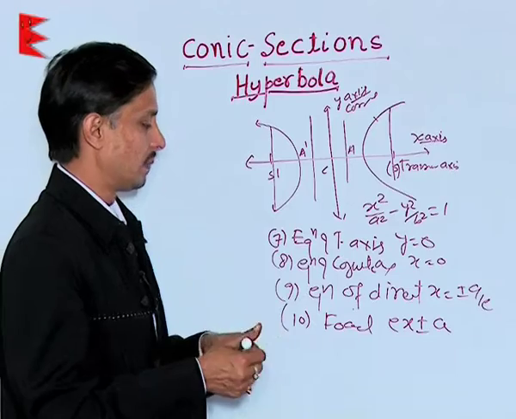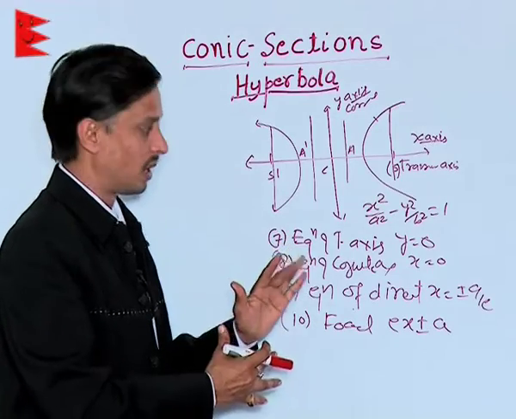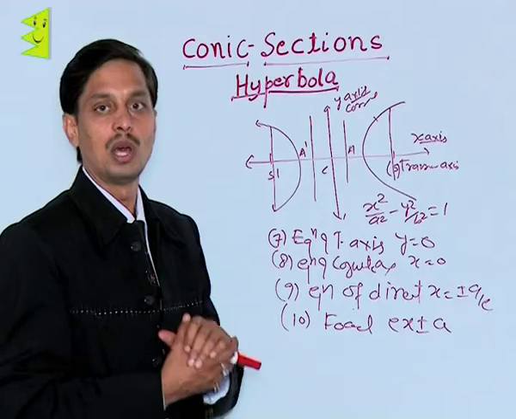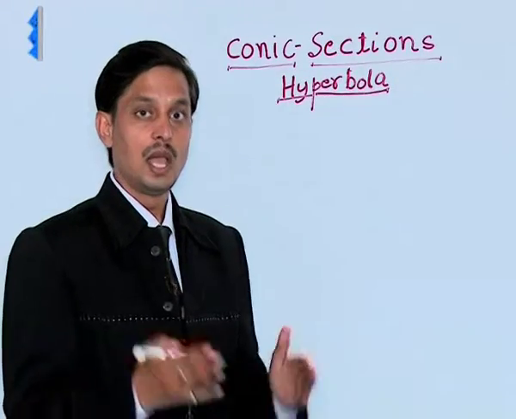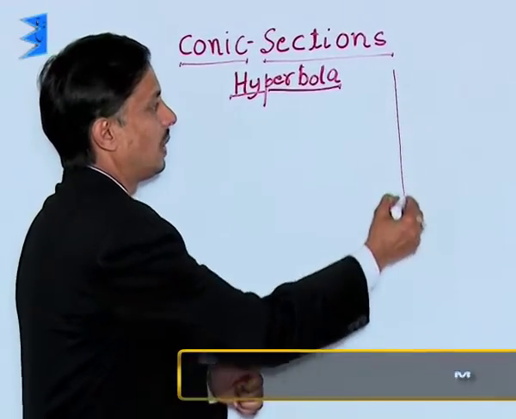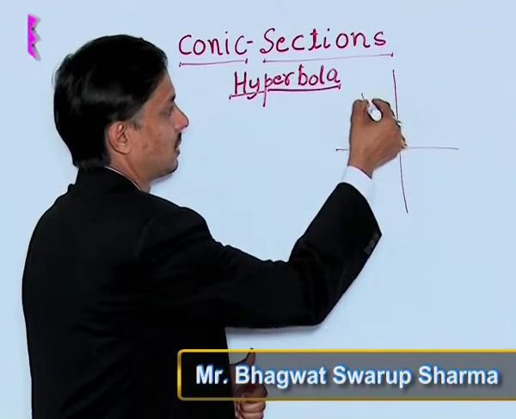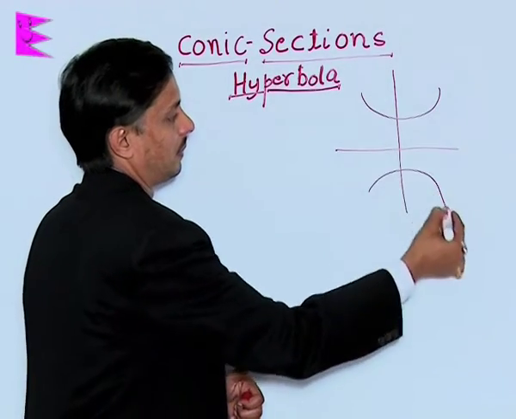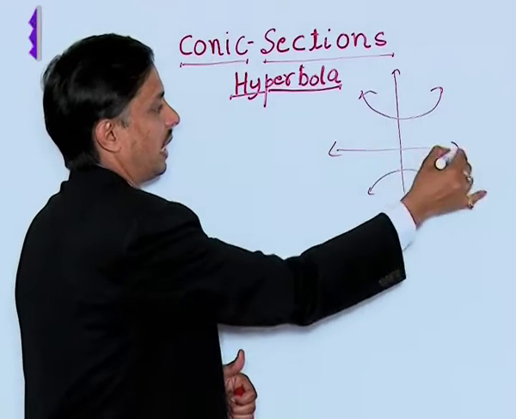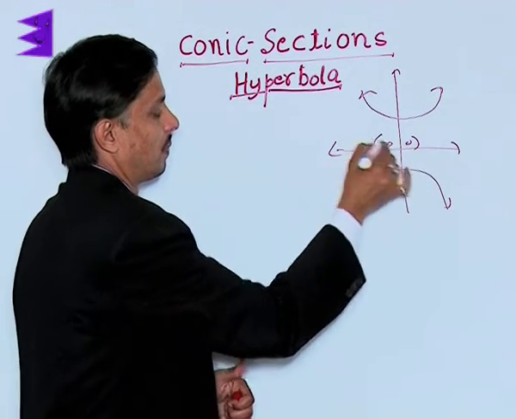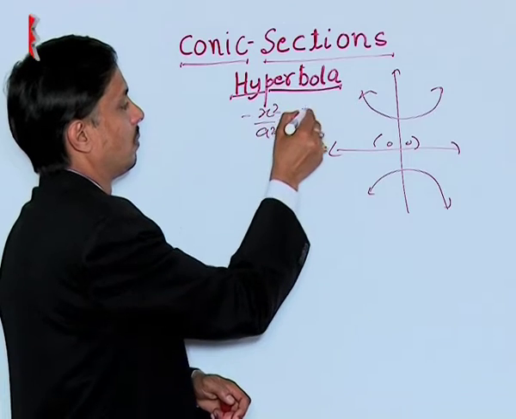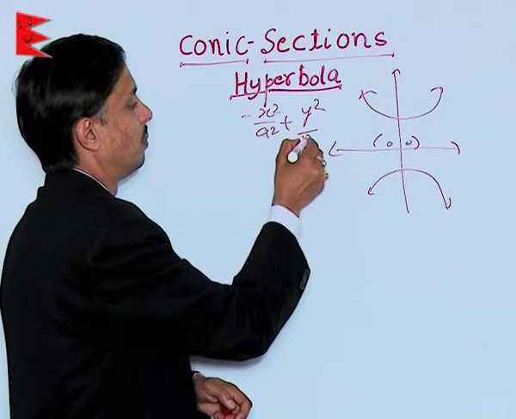After getting this, you must remember what is more required in the hyperbola of type 2. For the hyperbola of the second type, its shape is something like this, and we can say the equation is minus x square upon a square plus y square upon b square is 1.